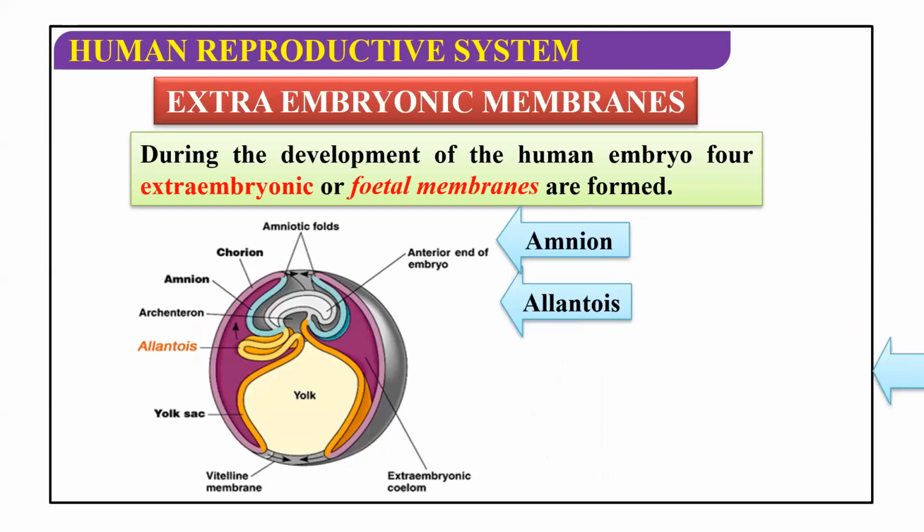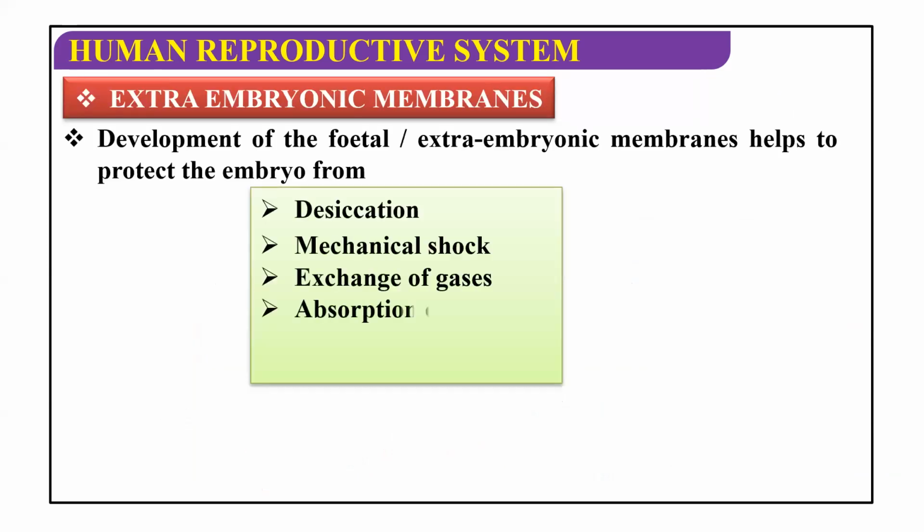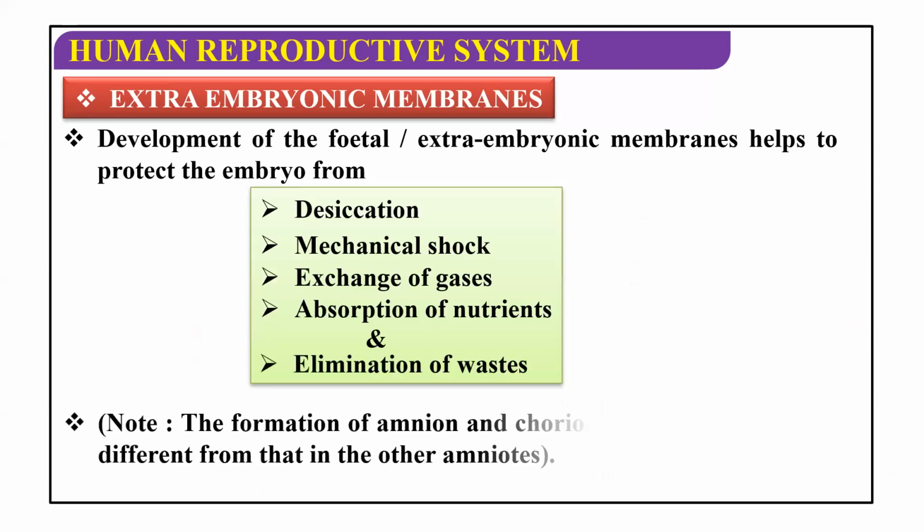All these are the fetal membranes. So how many fetal membranes are important? 4. This membrane helps overall for all these functions: desiccation protection, mechanical shock absorption, exchange of gases, absorption of nutrients, and elimination of waste.